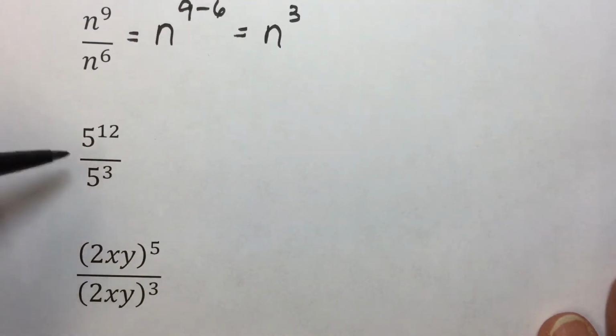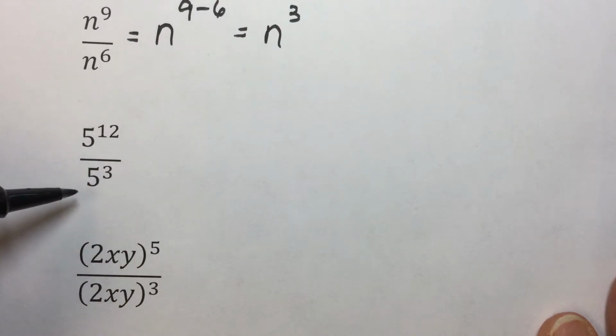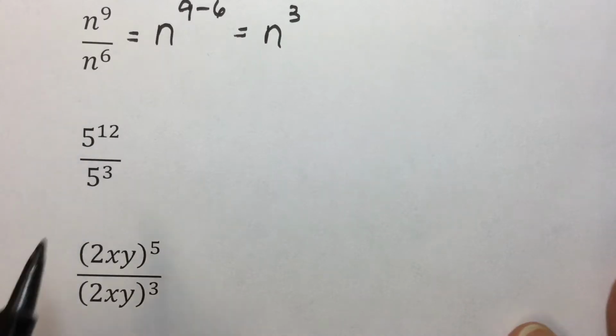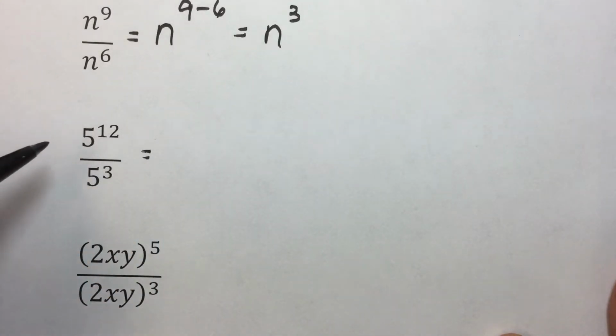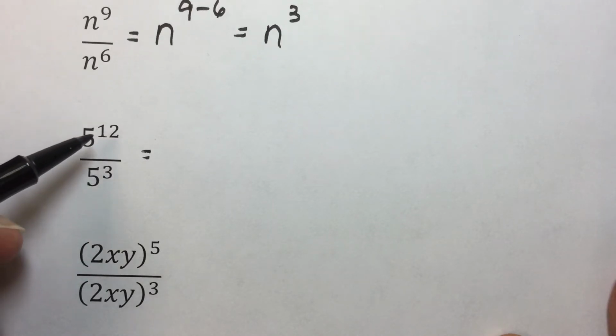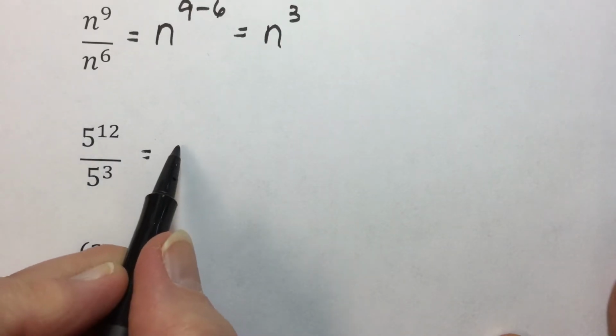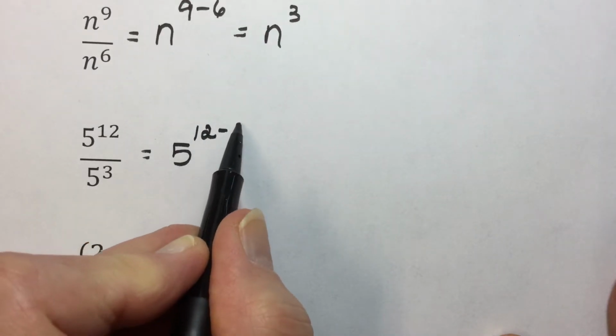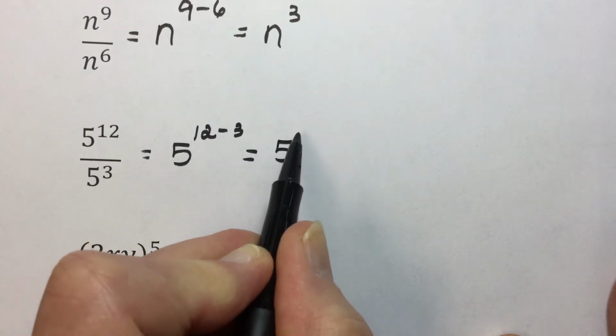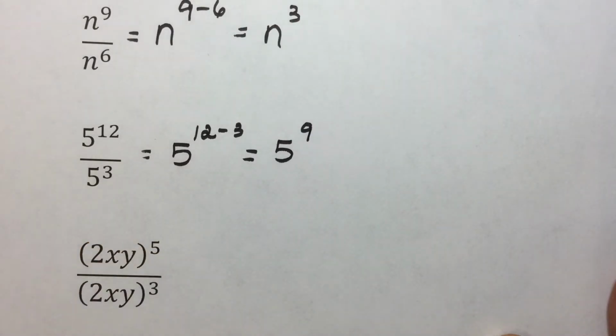In this next example, regardless of whether the base is a number, in this case an integer, versus the variables that we've been looking at, the same quotient rule can be used since we have a common base. The power is greater in the numerator than the denominator, so simplifying, we're going to subtract the exponential powers and have a simplified equivalent value of 5 to the 9th power.